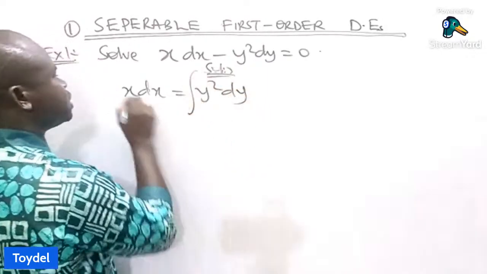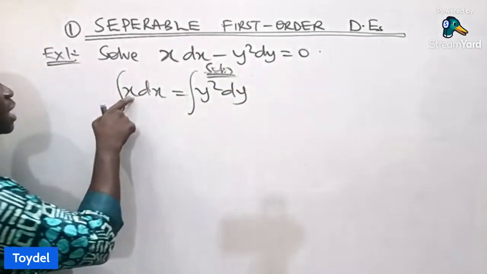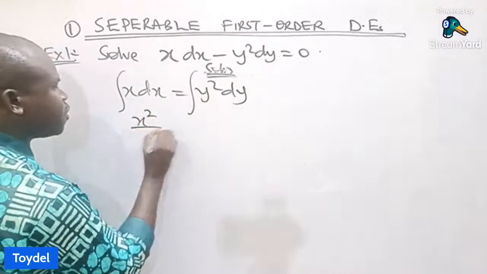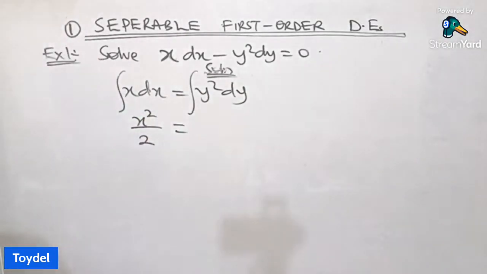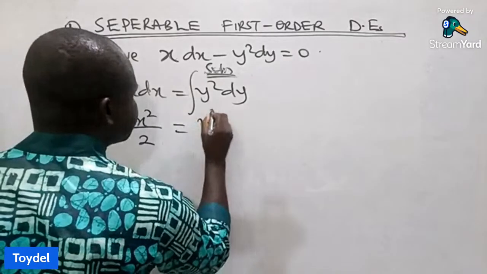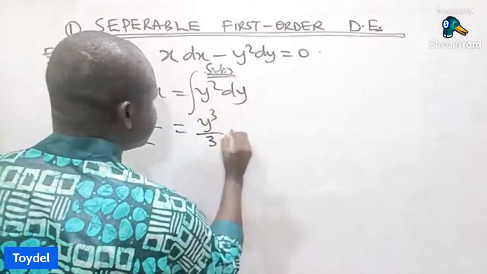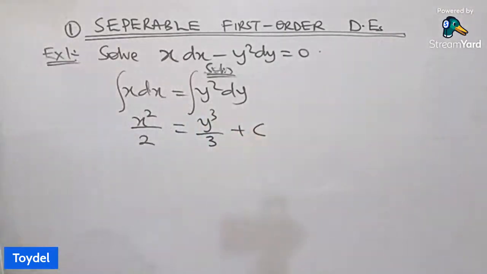Then we introduce the integral sign to both sides. If we integrate x, we are going to have x squared all over 2, equal to, if we integrate y squared, we are going to have y cubed all over 3, plus an arbitrary constant. We have to put an arbitrary constant at one of the sides.